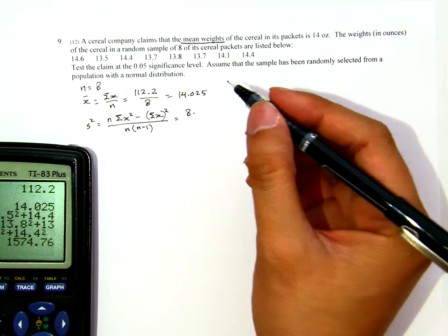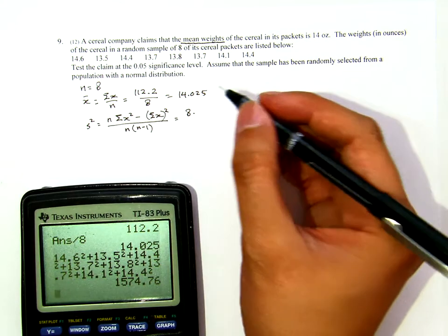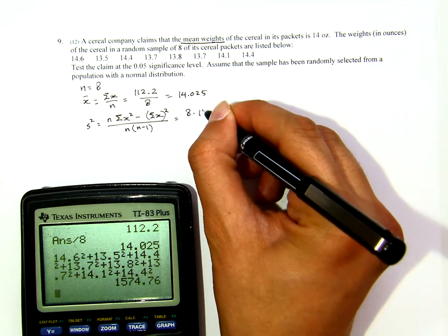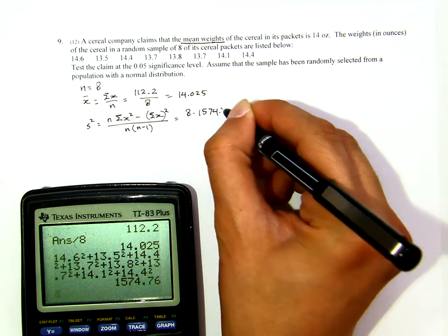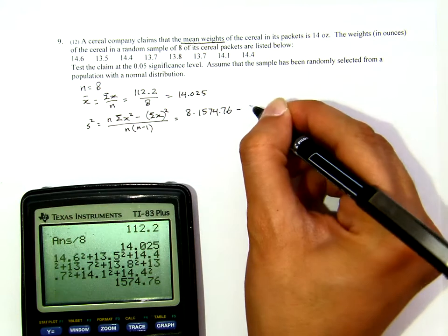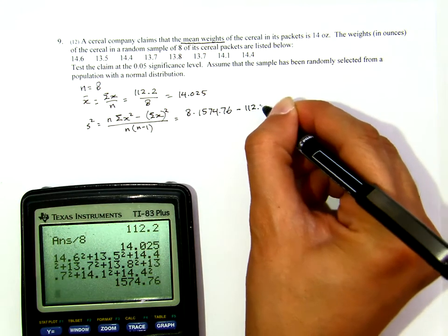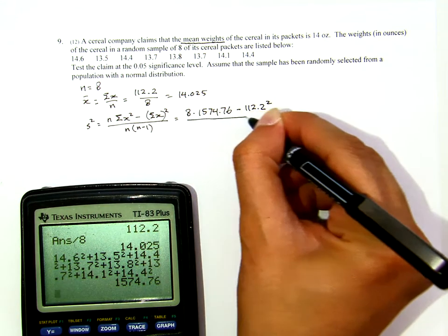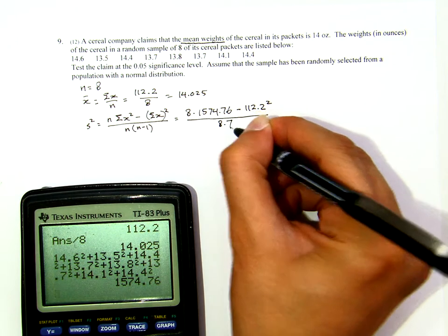That will be 8 times 1574.76 minus 112.2 squared, big over 8 times 7.